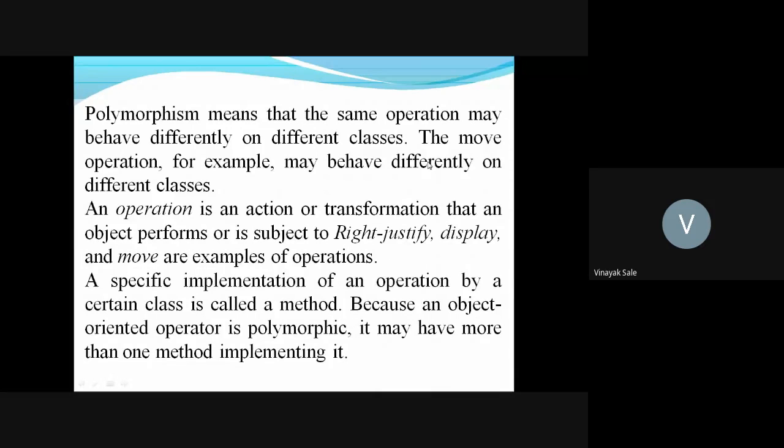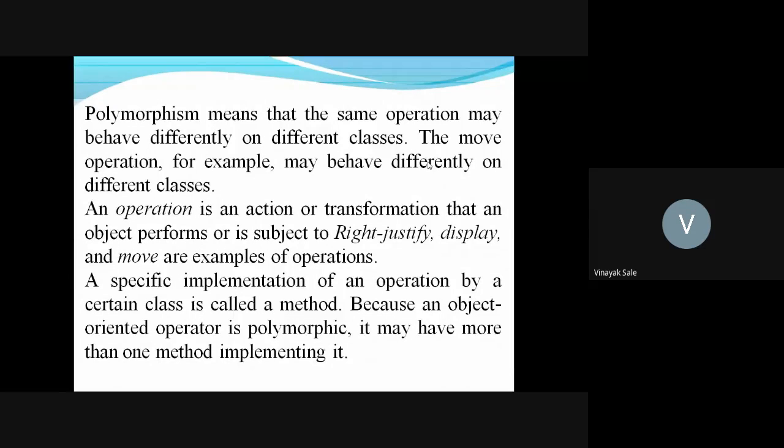Next part is polymorphism. Polymorphism is a Greek word. Poly means many, morphism means forms: many forms under one name. That is polymorphism. That is, the same operation may behave differently on different classes.